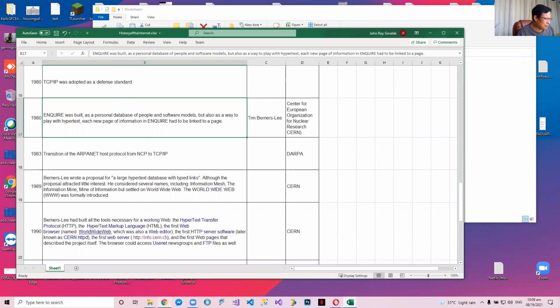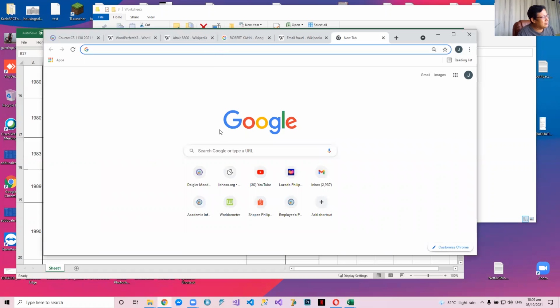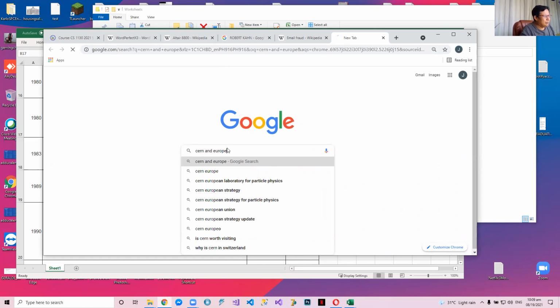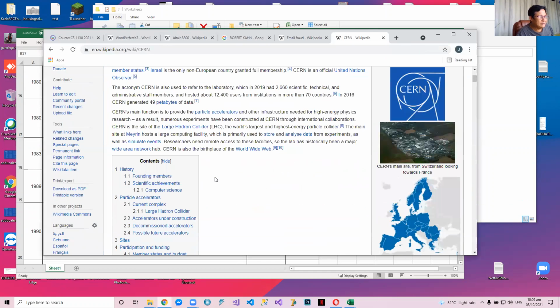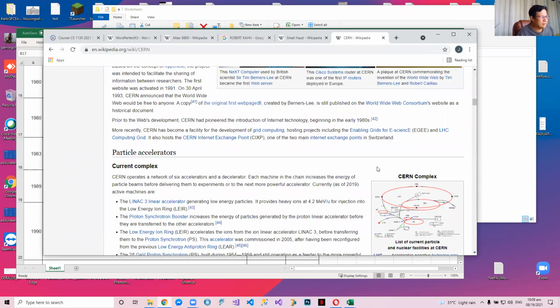Okay, so where is CERN located? It's near Portugal and Spain, no? In Europe. There are 12 founding members of CERN, no? It's an organization composed of countries.